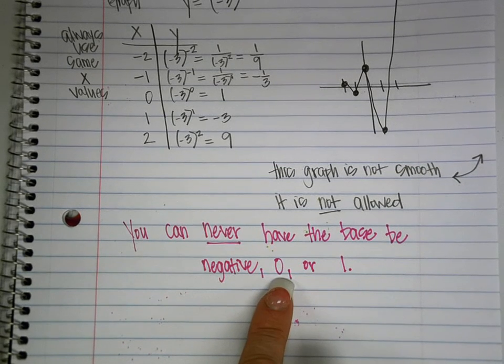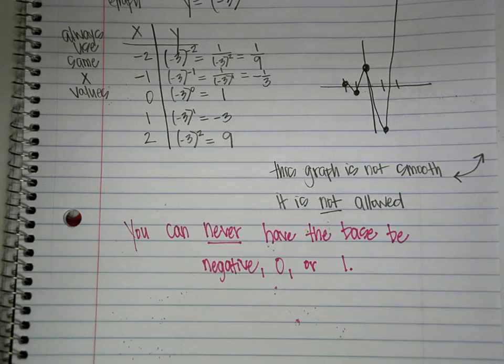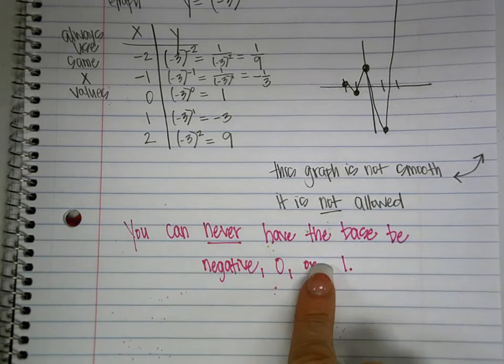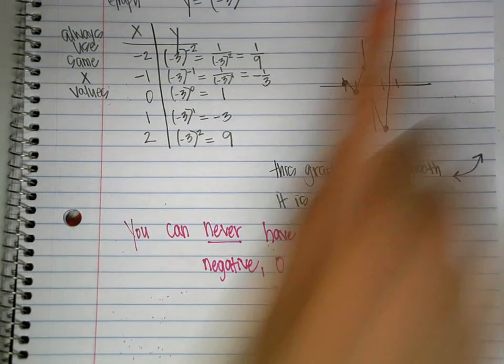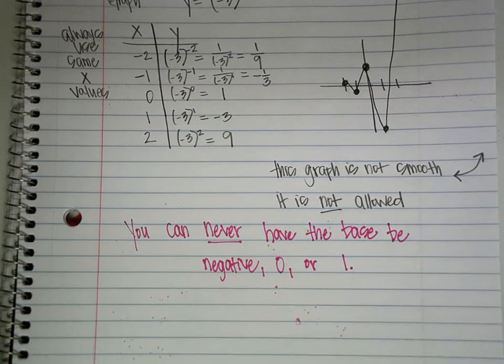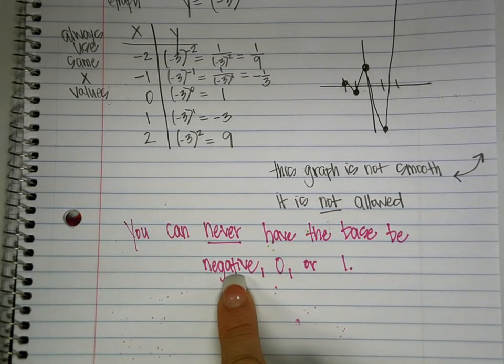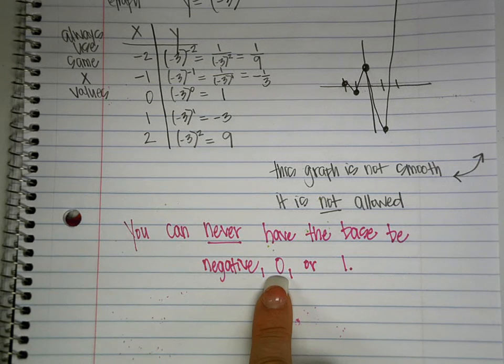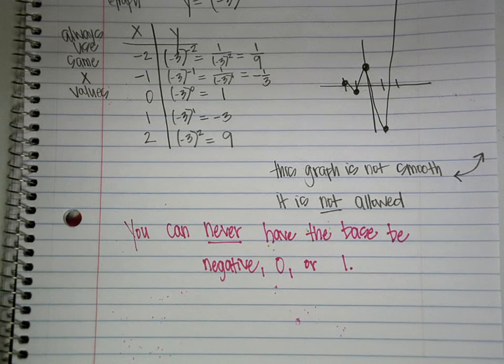Same reason for 0. If you have 0 money, let's think about this. If you're going to put this in an investment account, and you have negative money, how do you expect it to grow? That doesn't make any sense. If you have 0 money, it can't grow either. 1 is a little bit easier to think of in terms of bacteria or molecules.